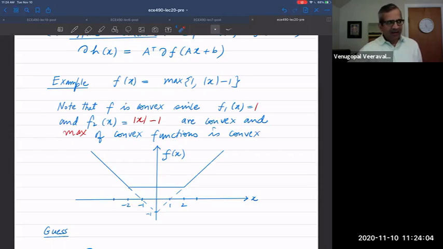In many examples, that's the easiest way to find subdifferentials. And you can make a good guess based on the form of the function. In this case, we plot the function, which makes it easy to guess. And then once you have that guess, you can verify that it's true by checking the definition.